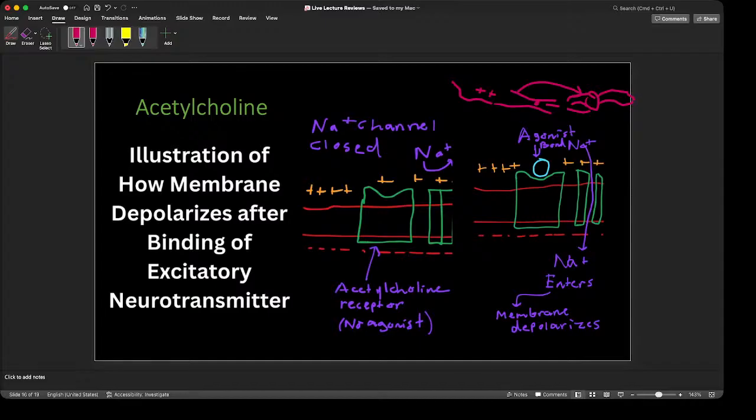So that's essentially what the sodium is doing here. It's kind of turning on the switch to depolarize the membrane to cause that action potential.